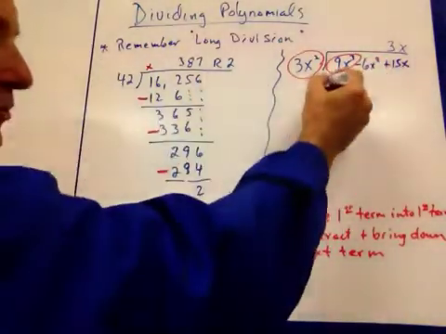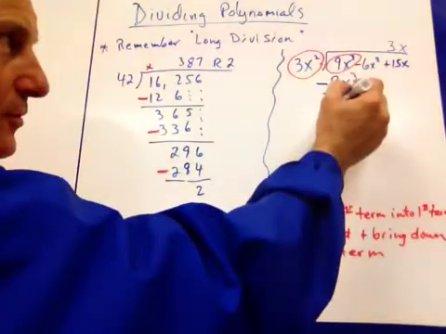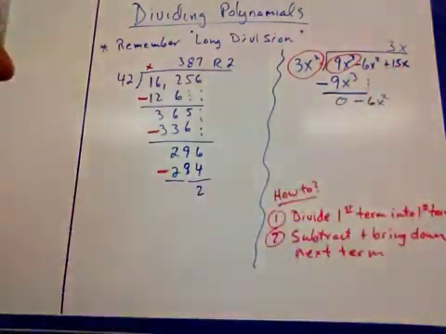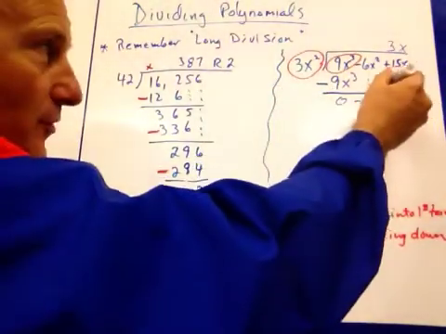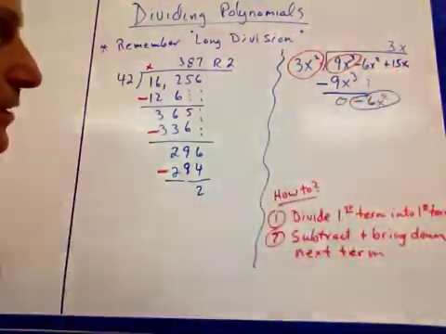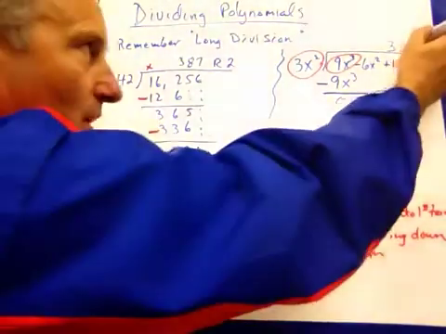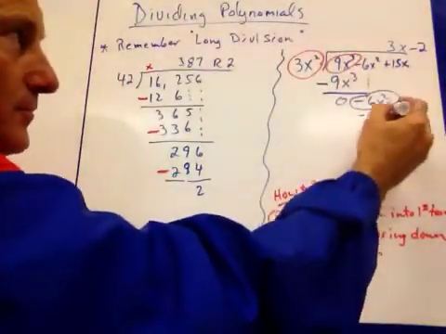And then we're going to subtract. So they cancel out. Boom, I get 0 here. Bring down my next term, minus 6x squared. Now I'm going into this first term. What do I multiply 3x squared by to get negative 6x squared? Negative 2. Negative 2 times 3 is negative 6x squared.